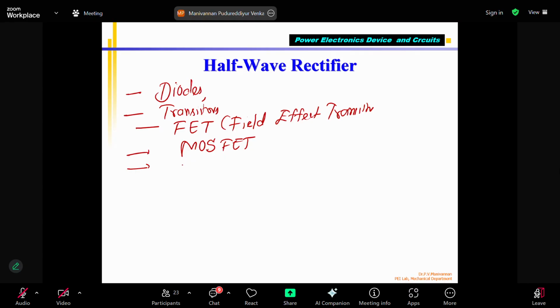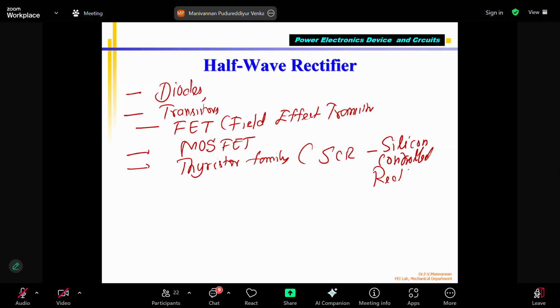Then you have the thyristor family. What you call SCR, which is called silicon controlled rectifier. Then the next one is called a diac. The third one is called a triac.